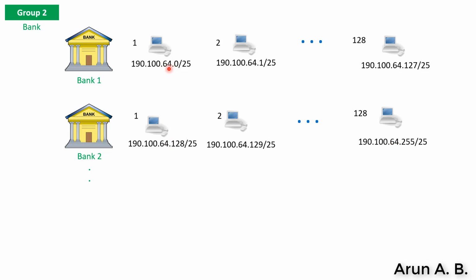of 64. So you can see that still we are in a block of 64 only. Using the same 64 block, we have assigned IP addresses for 2 banks. In this one, each block will assign IP addresses for 2 banks. So as we know that the total number of banks is 128, if I divide this 128 by 2, each block can have a set of assigned IP addresses for 2 banks.